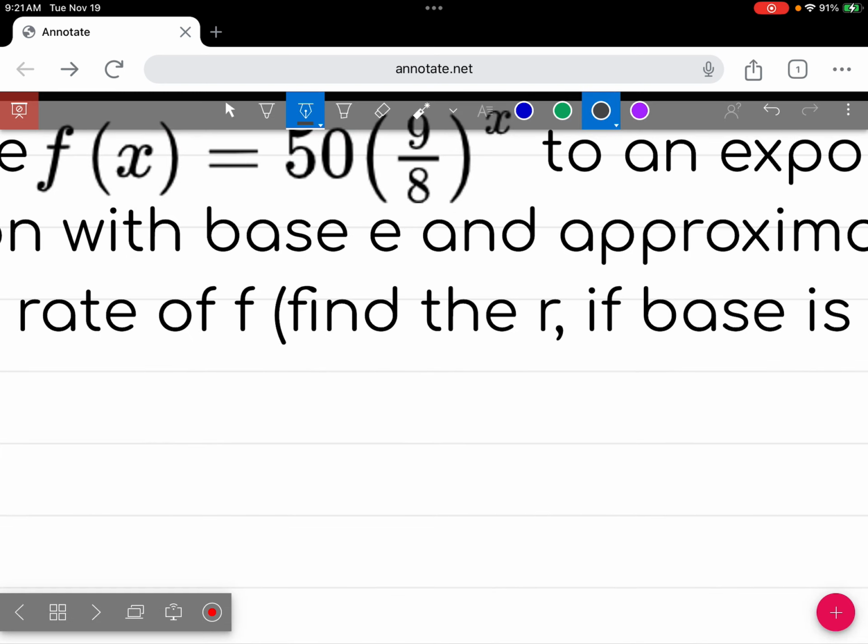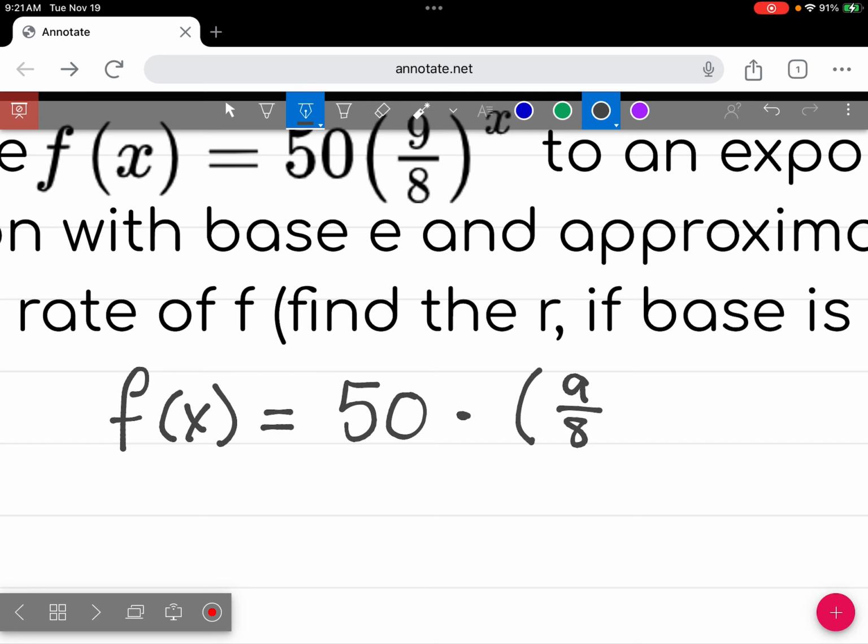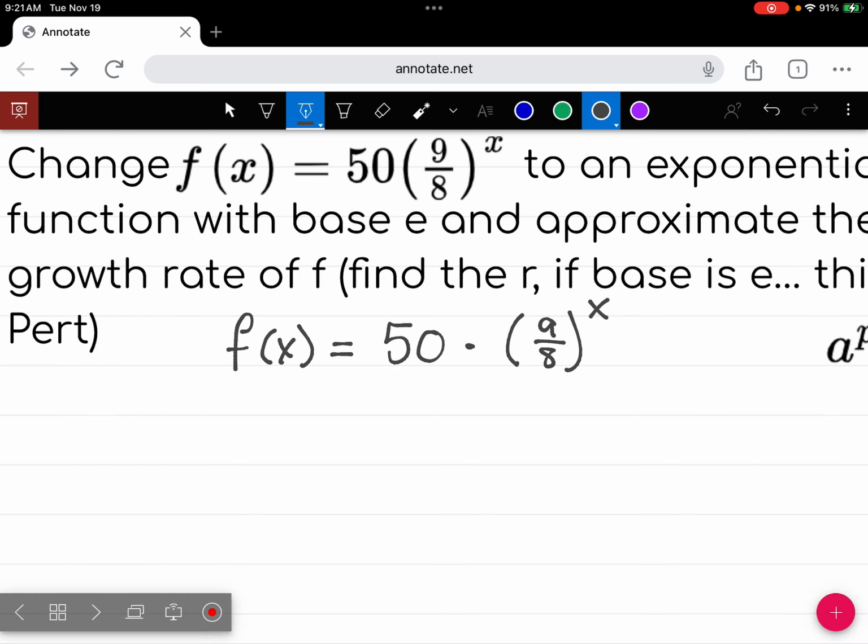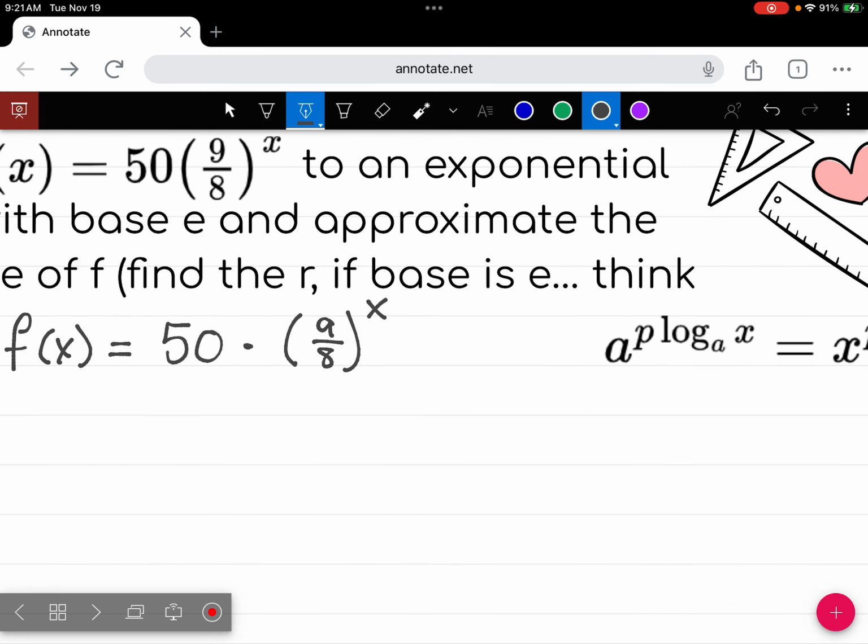So I'm just going to copy the equation down here just so I have everything in one row. So f of x equals 50 times our 9 over 8 to the x. And our goal is to make this have a base of e.